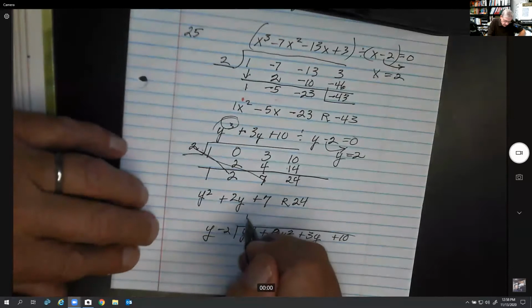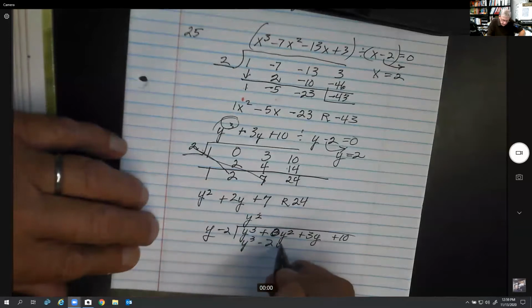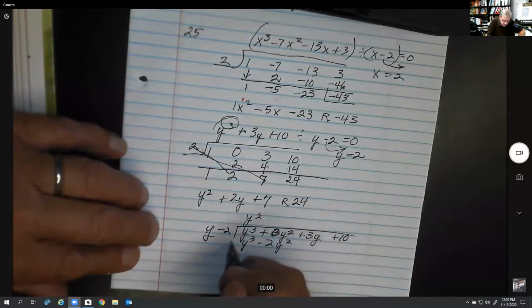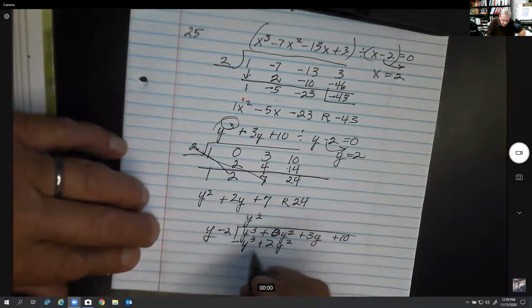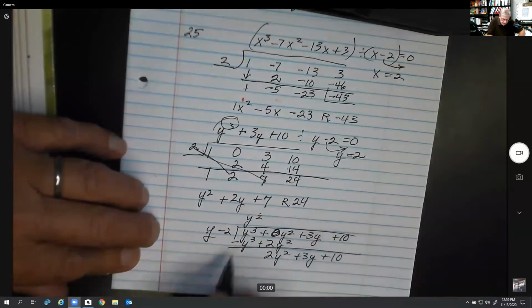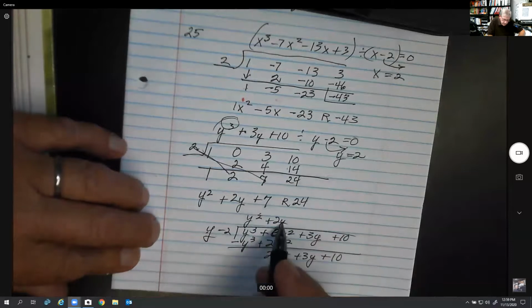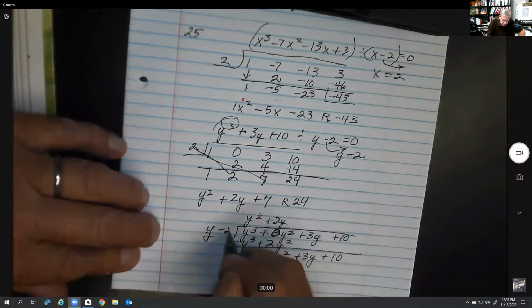Okay, so I'm going to start out with a y squared times y cubed, y squared times -2, -2y squared. Change signs, change, 2y squared plus 3y plus 10. Divide, plus 2y, 2y times y, 2y squared, minus 4y.